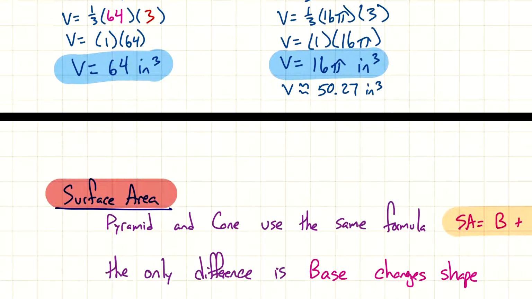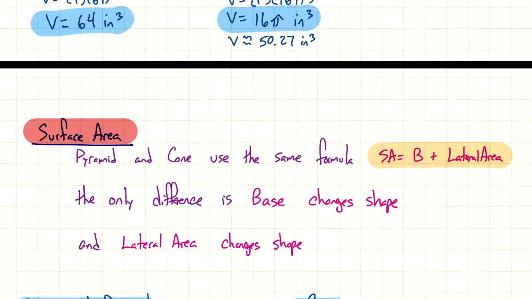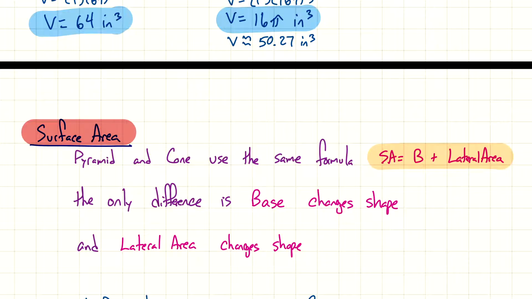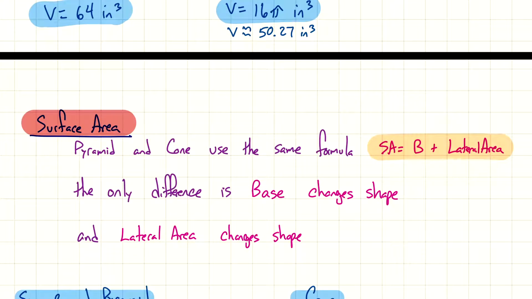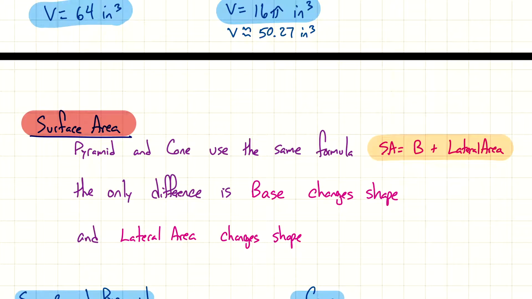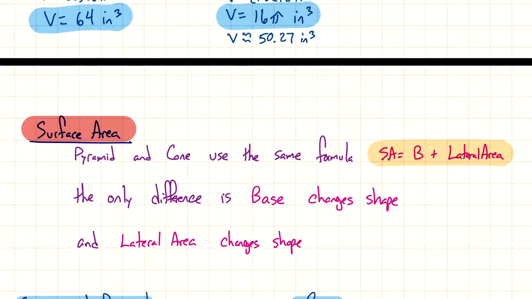All right, so now really the more challenging part is surface area. And so a pyramid and cone use the same formula. So that's the nice part. Just like for volume, they're going to use the same formula. So for us, that's going to be base area, that's that B, plus lateral area.